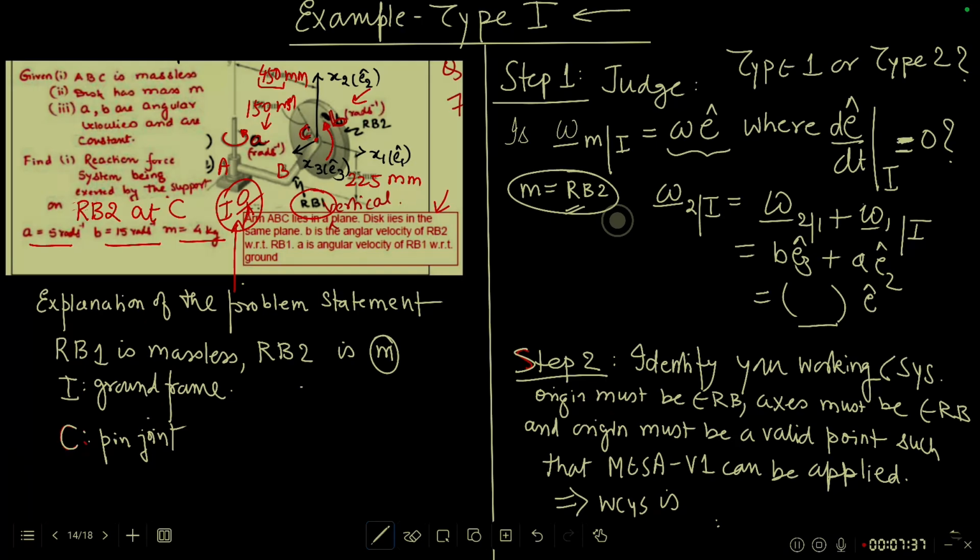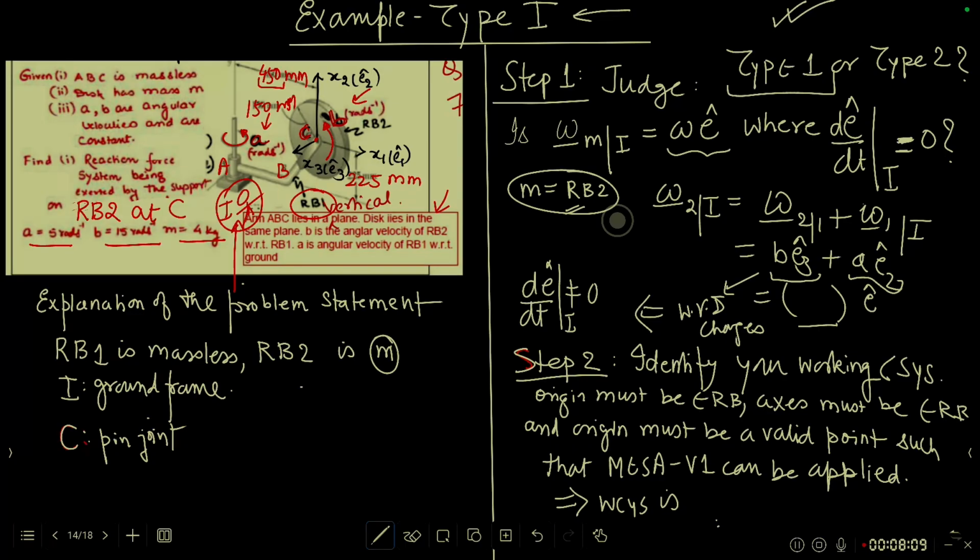It is not, because even though this may not be changing, this is changing with respect to I. And thus dE dt in I doesn't seem to be zero.